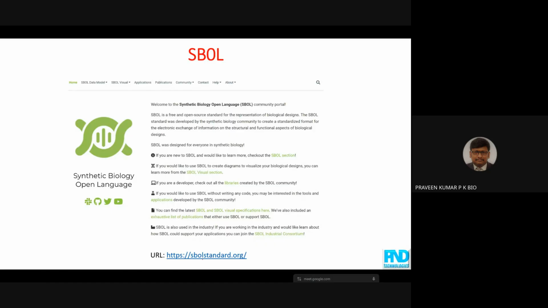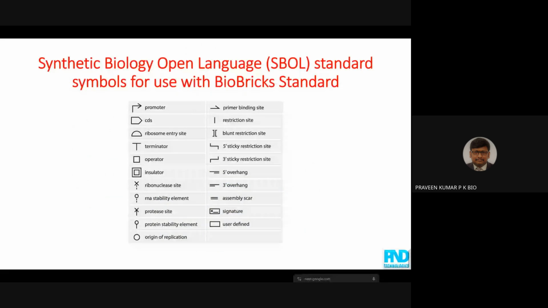For this, one can go to sbolstandard.org. Okay, this is the URL. We can learn about the Synthetic Biology Open Language there. What exactly can you find in it? For the genes, different parts of a gene, the promoter is shown using this symbol, and the complementary determining site is shown using this symbol.